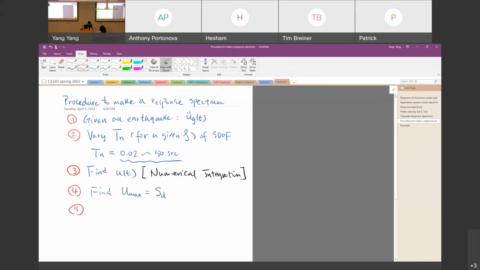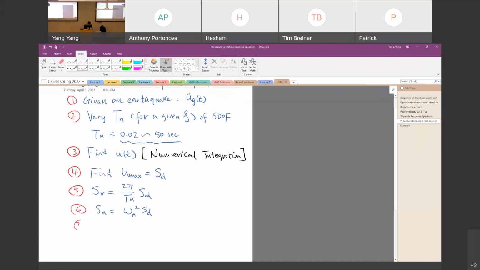Step 5, we should be able to calculate the pseudo velocity, and similarly the pseudo acceleration, and plot.